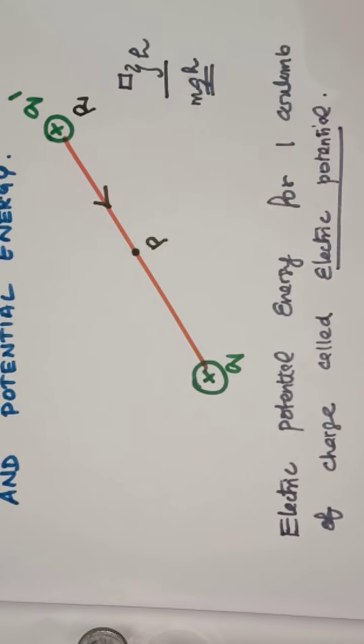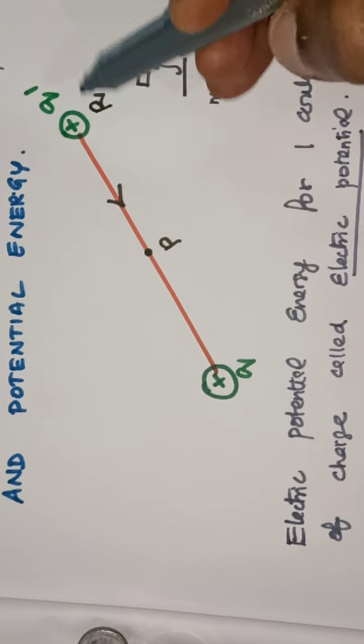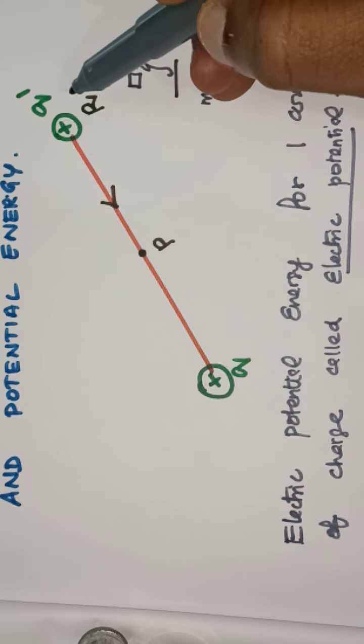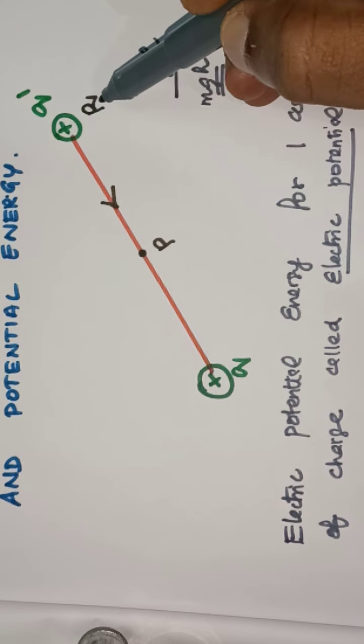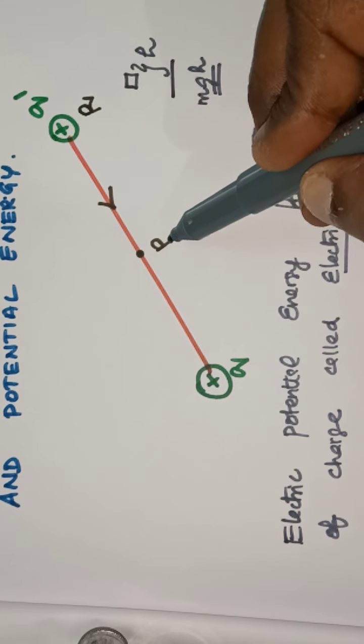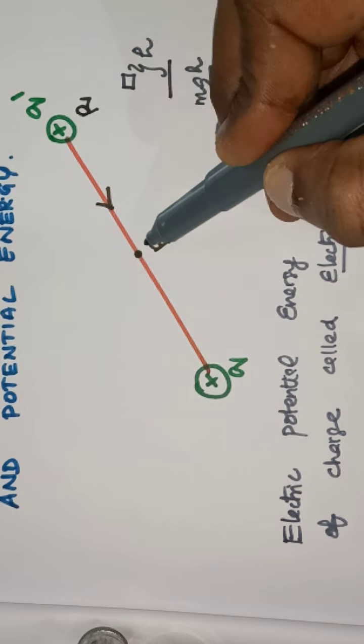See here, consider a test charge q dash at the position R, brought to the point P. There is some work done here.